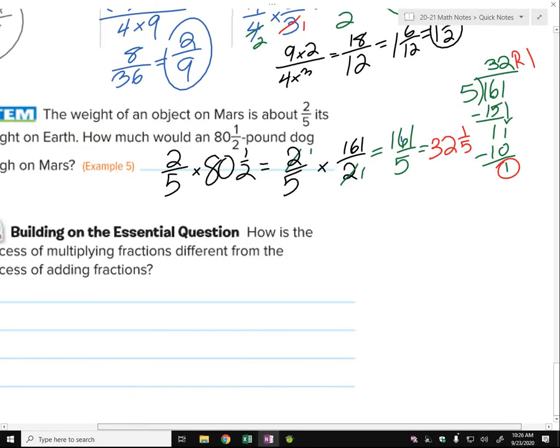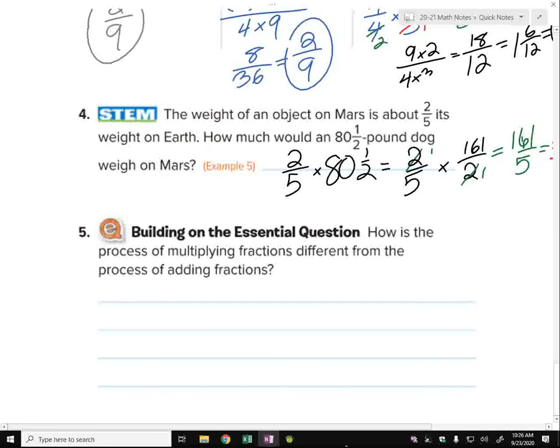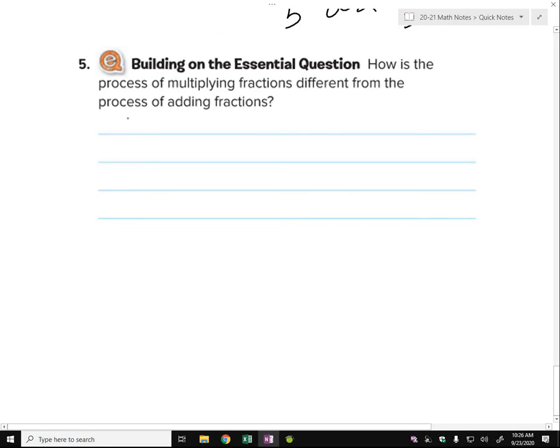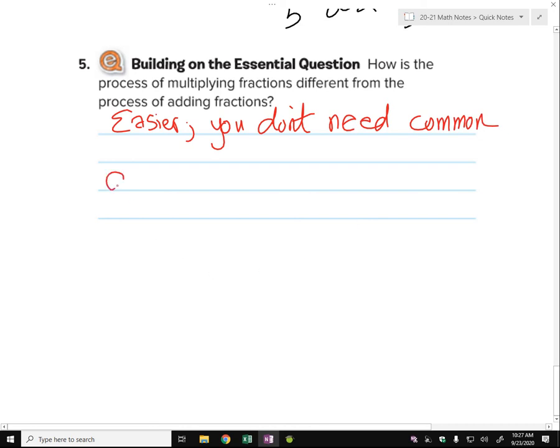All right. Last one. How is the process of multiplying fractions different from the process of adding fractions? Well, first off, easier. You don't need common denominators.